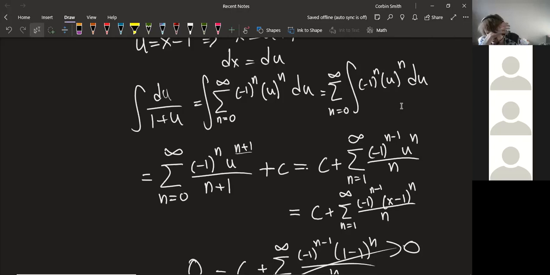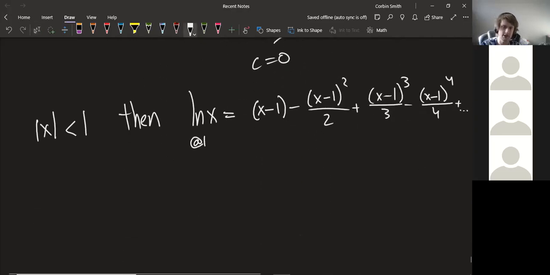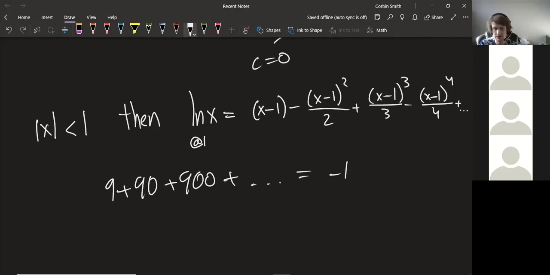But there are a lot of wacky things that you could do with series that don't converge that end up not making a lot of sense. For instance, if you plug in the right values into the geometric series formula, you get that 9 plus 90 plus 900 plus dot dot dot equals -1.